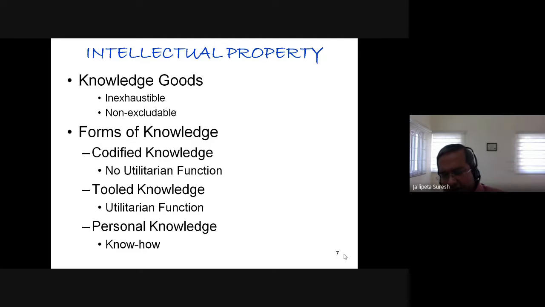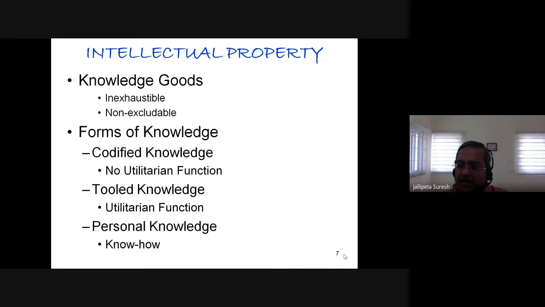Then what is non-excludable? Say, using this idea, I make a football and I sell it. So I am dispossessed of this particular property, that is the football, from me to a buyer. So the football is excluded from me, whereas that idea still remains with me.